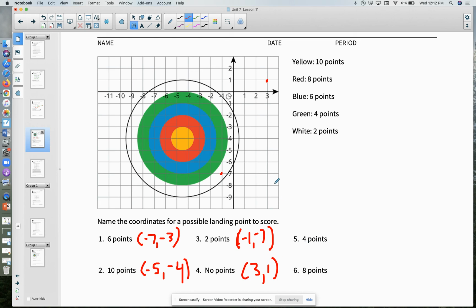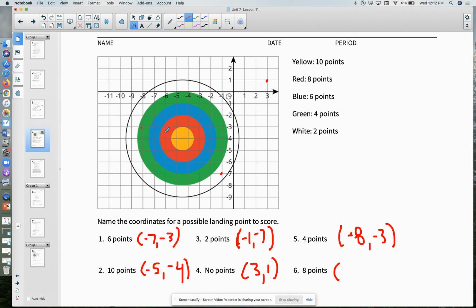How about 4 points? So green. So it can be right here. There's a lot of different ones in green. I'm just going to choose this one, -8 and -3. And then how about 8 points? Red.